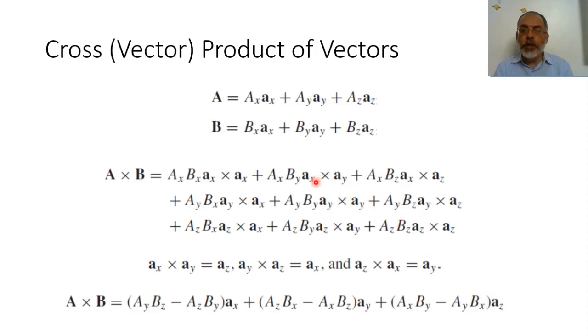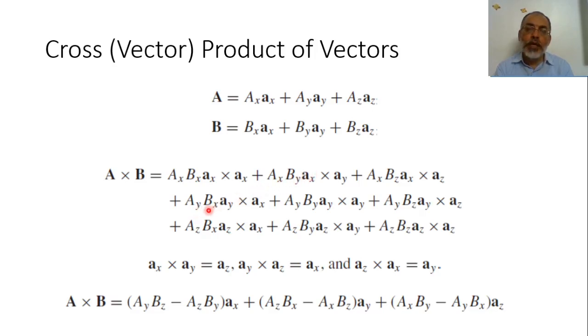And similar to it, in this component AY cross AX, we have said that if AX cross AY is AZ, then AY cross AX would be minus AZ. So this component would be AY multiplied by BX in the direction of minus AZ.